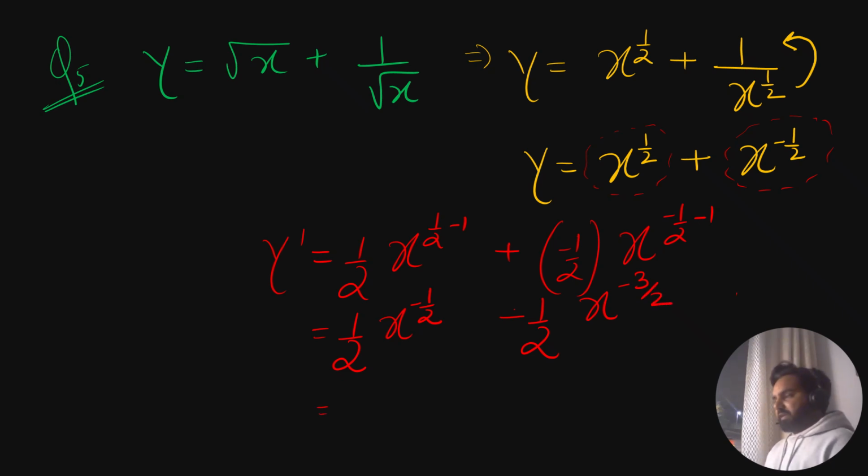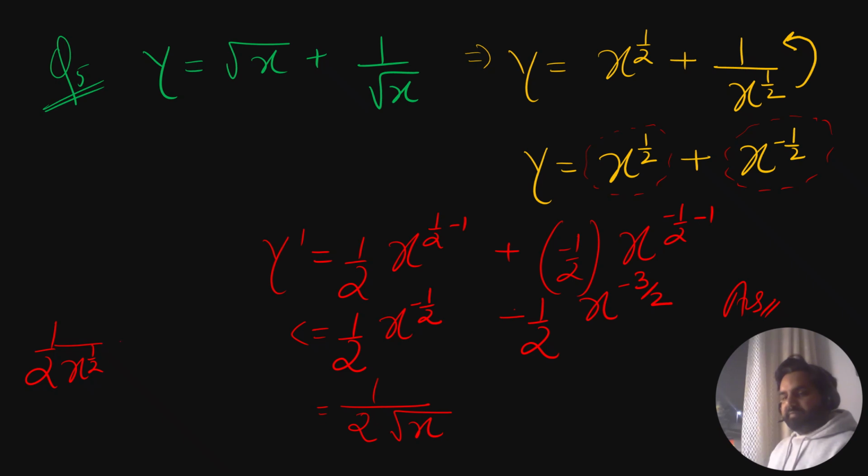So this is your final answer anyway, but if you want to simplify, you can also write 1 over 2 under root x directly, because this will go in fraction. I can write it here, half x to the power half, and this will become minus half x to the power 3 over 2.